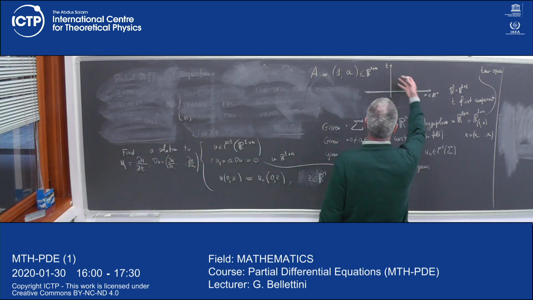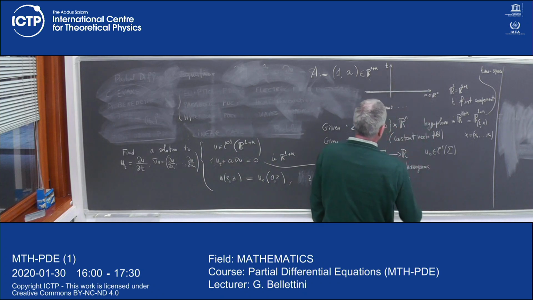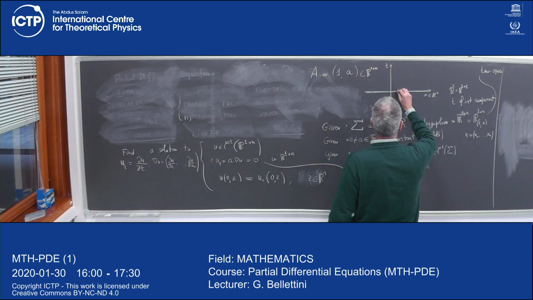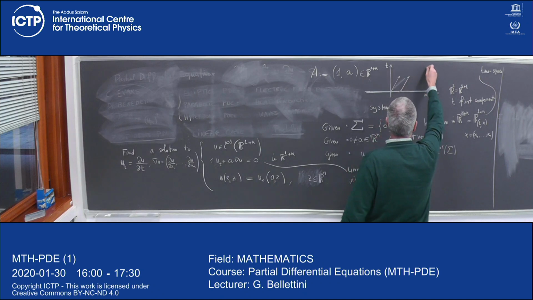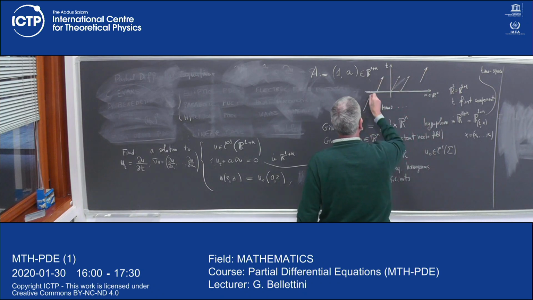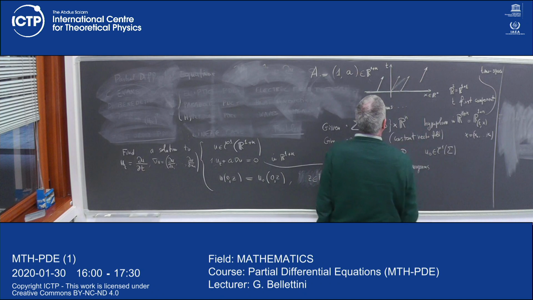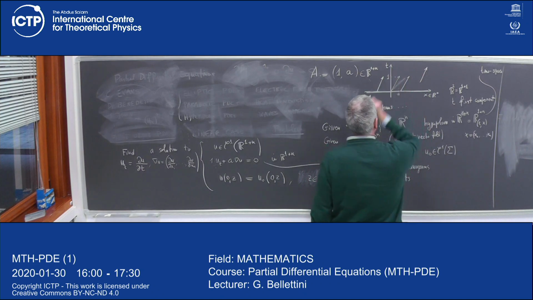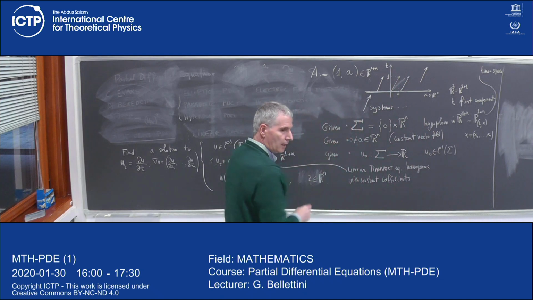We can imagine actually that at each point we have this vector, at any point, this is a constant vector. This is a, this is 1. So this is vector capital A.